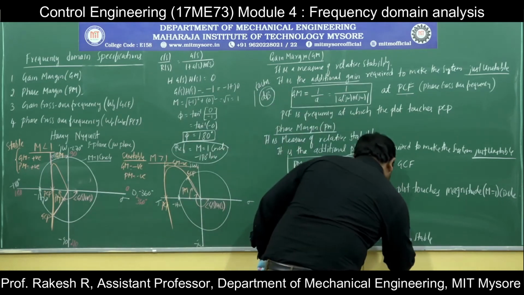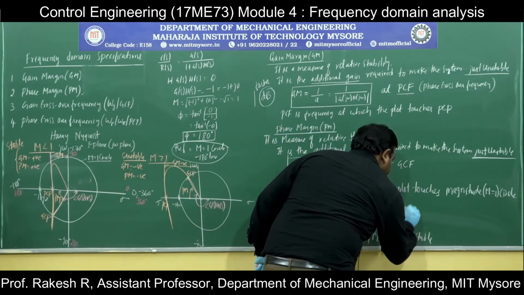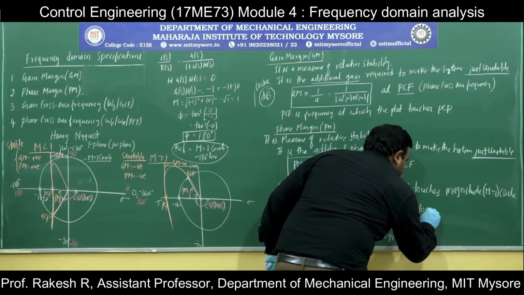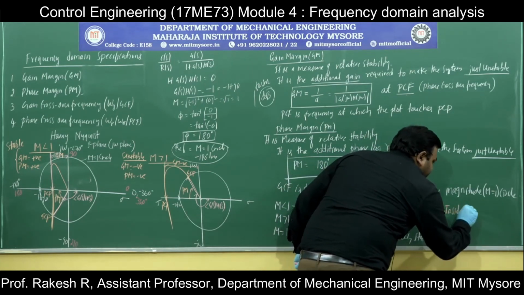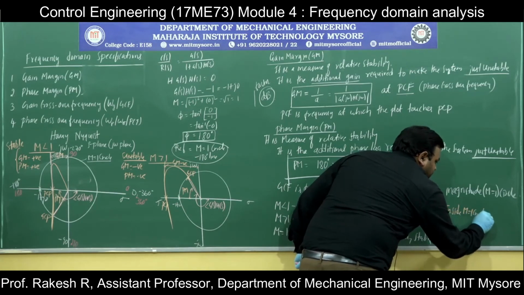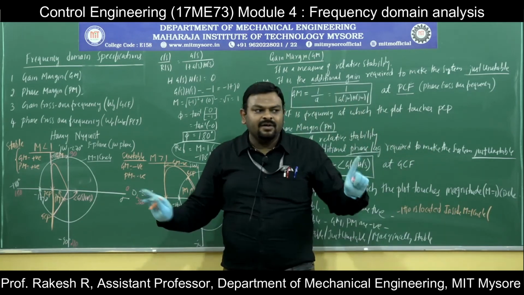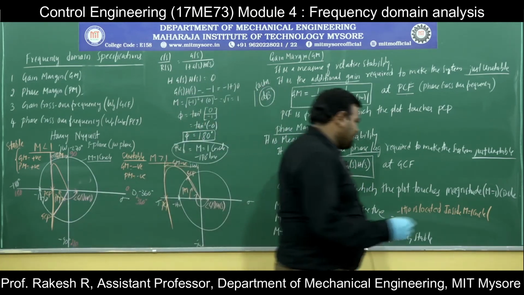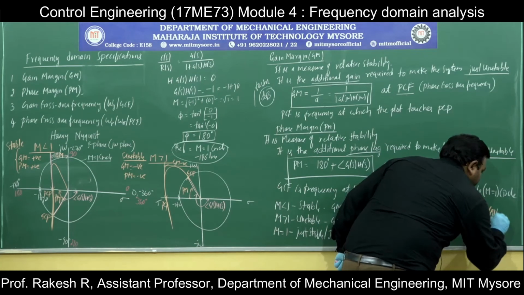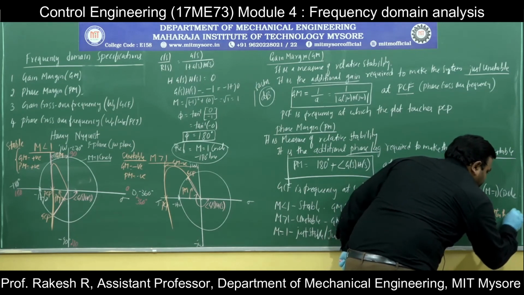So minus 1 plus j0 is located inside the M equal to 1 circle. Instead of that, I will not write the M equal to 1 circle, it will be after the plot.